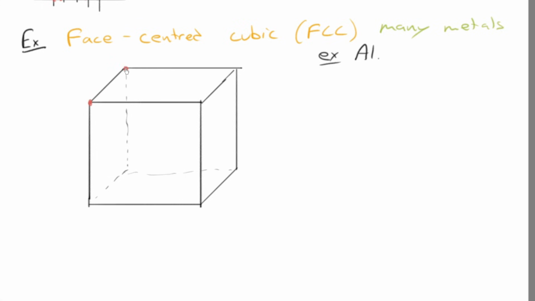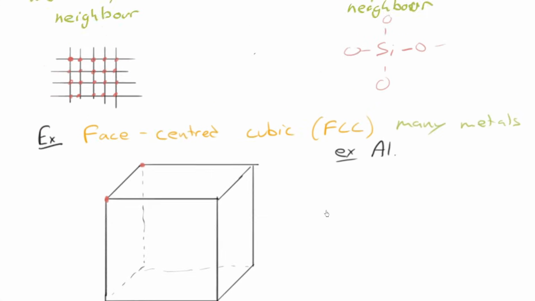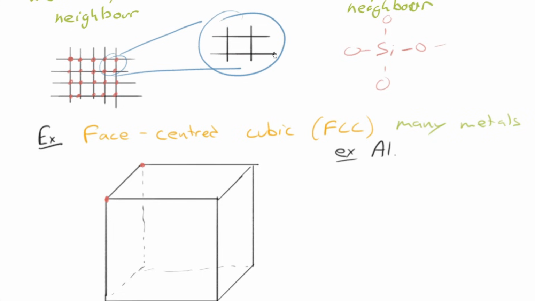Okay, but I'm going to just pause for a second there. How am I going to depict this? I've got to be careful about that. If I were to go back up to this two-dimensional depiction we had here, and say zoomed in on just one of these little squares, and say I wanted to represent this entire arrangement of atoms in 2 dimensions, but only use one little square to do it.